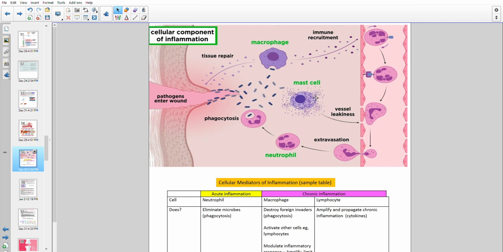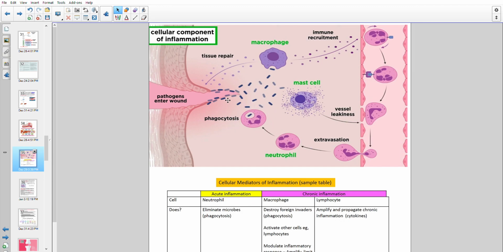They release chemicals, cytokines, which make the blood vessels leakier. See them part here, they become more, so increased permeability is the better term. And so the white blood cells here can sneak in, and in this case the neutrophils, and they phagocytose.